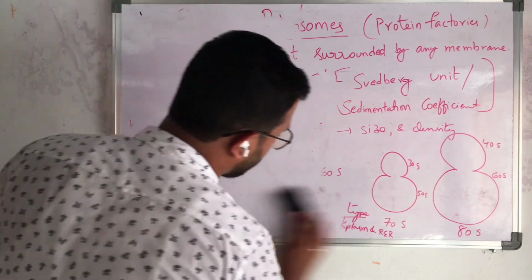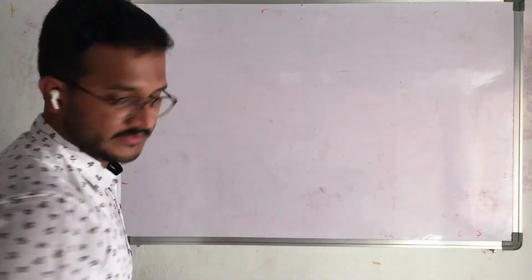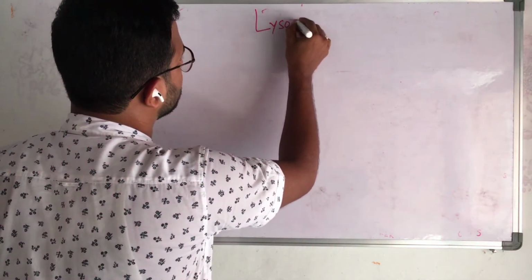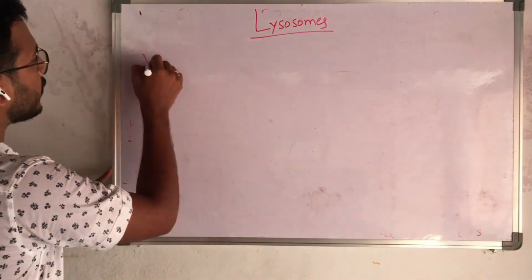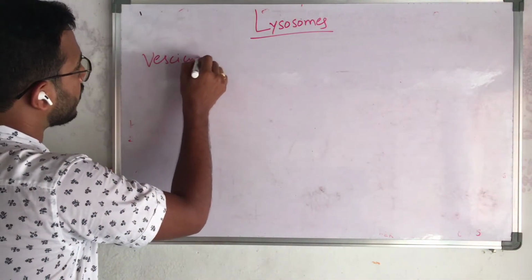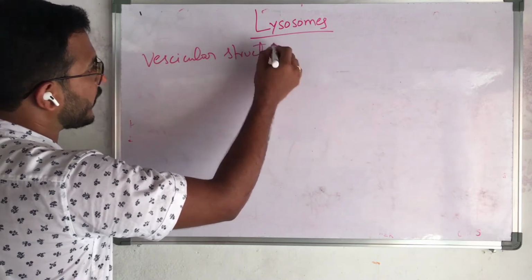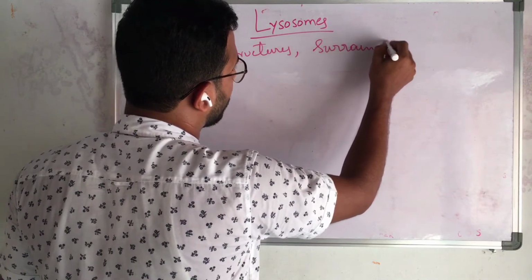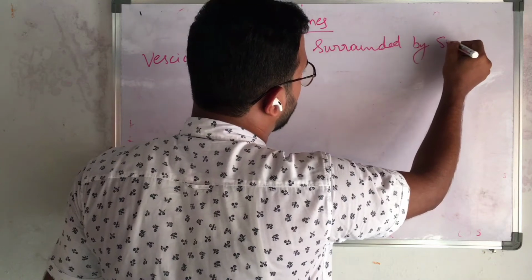Okay, now we will go into the next type of cell organelle, that is lysosomes. These are also vesicular structures surrounded by a single membrane.